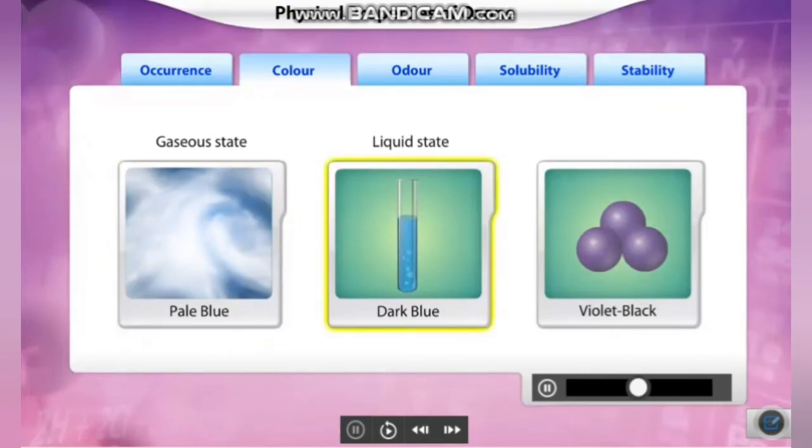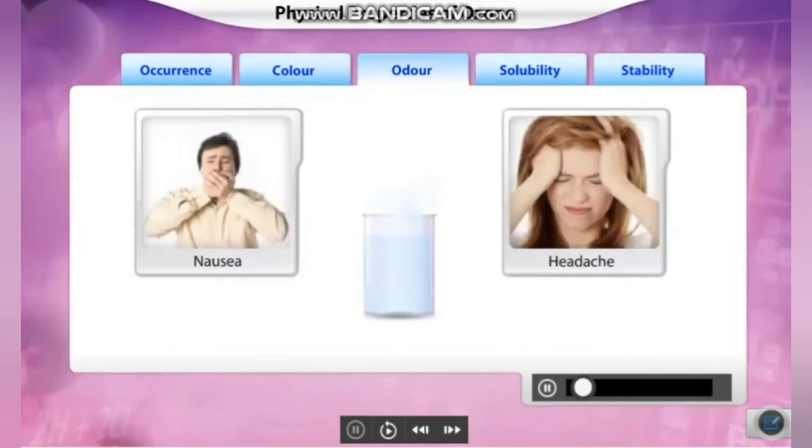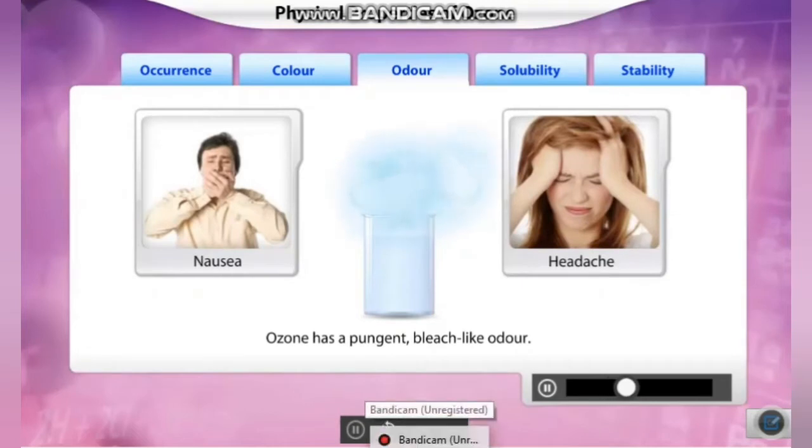In liquid form, it is dark blue in color, and in solid form, it is violet black. Ozone has a pungent, bleach-like odor. When inhaled, it can cause nausea and headache.